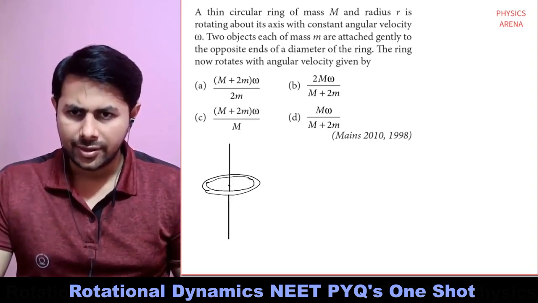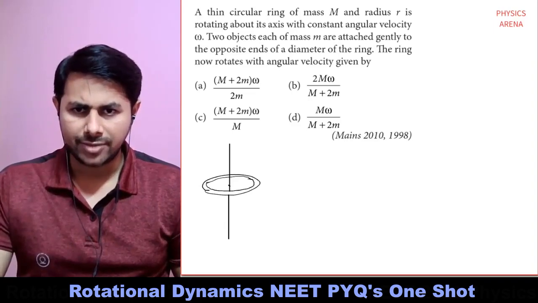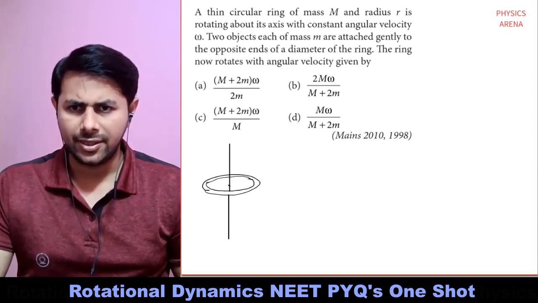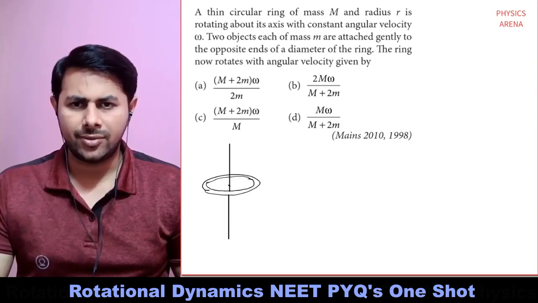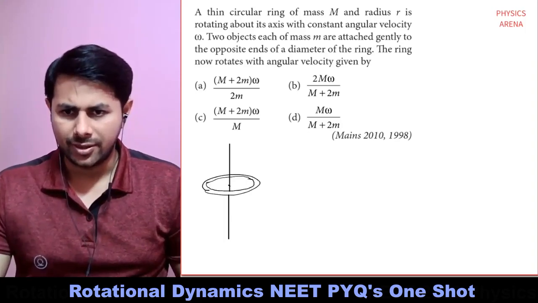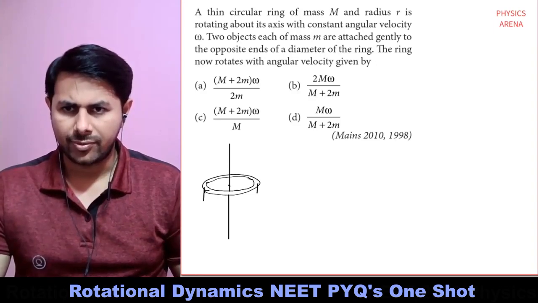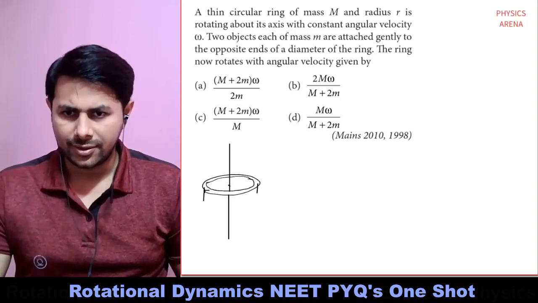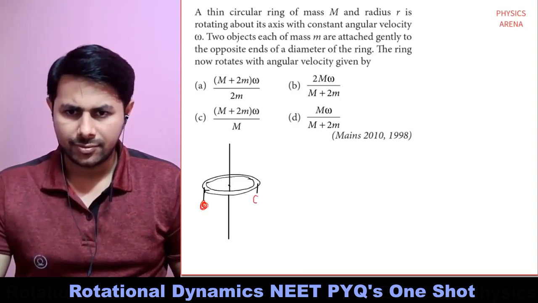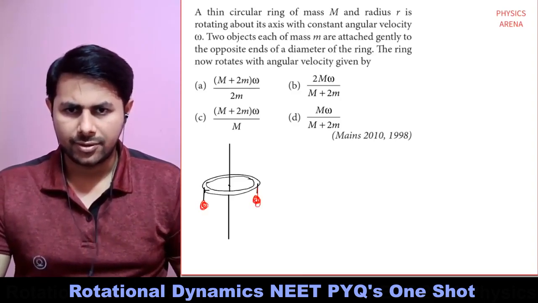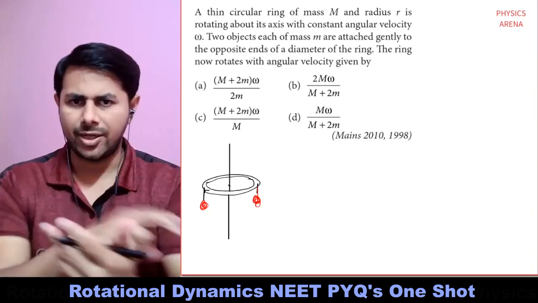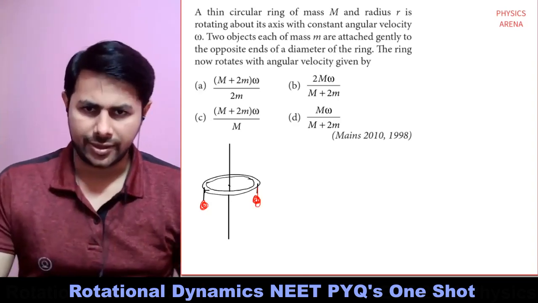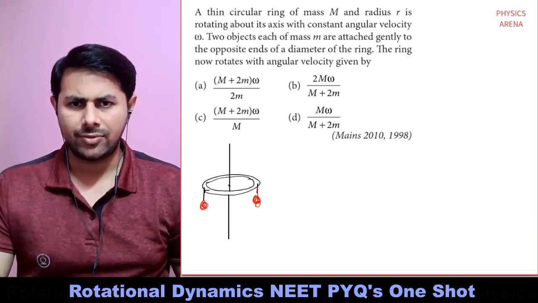Then two objects, each of mass small m, are attached gently to the opposite ends of a diameter of the ring. Those masses will also begin to move along with the ring. The ring now rotates with angular velocity given by.